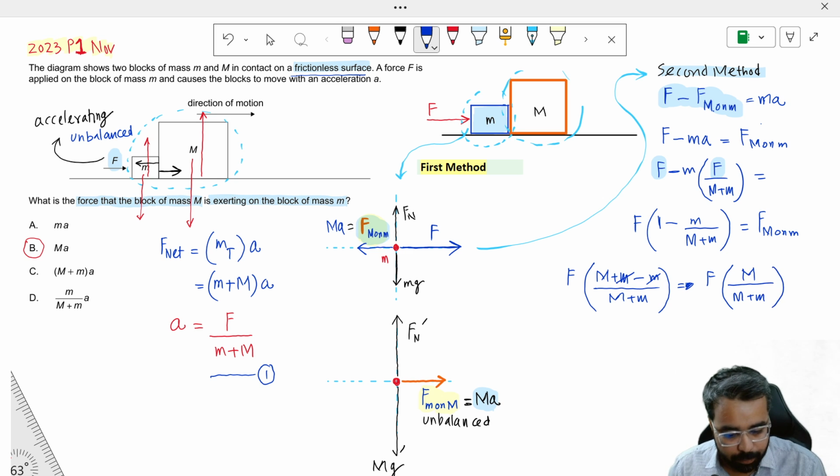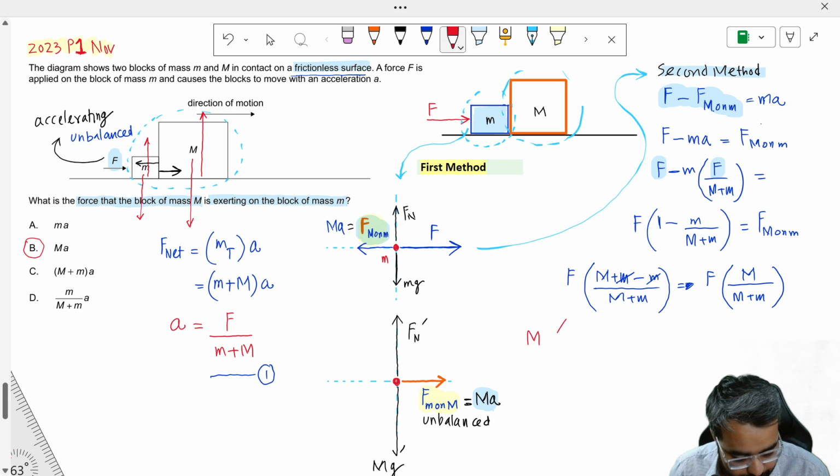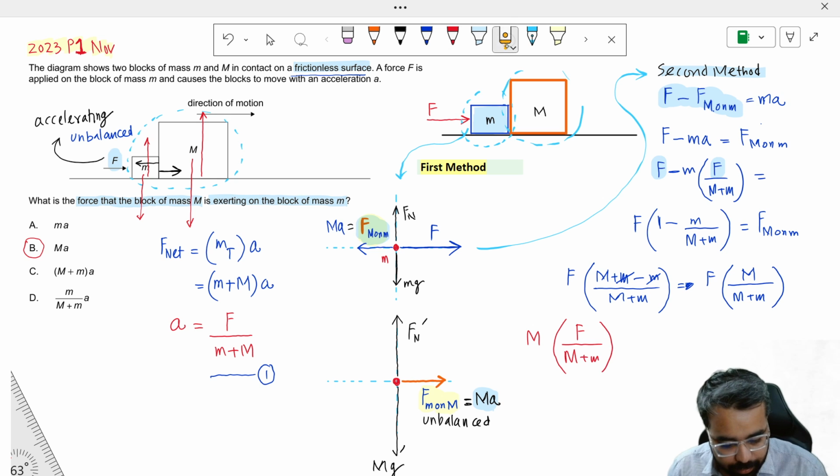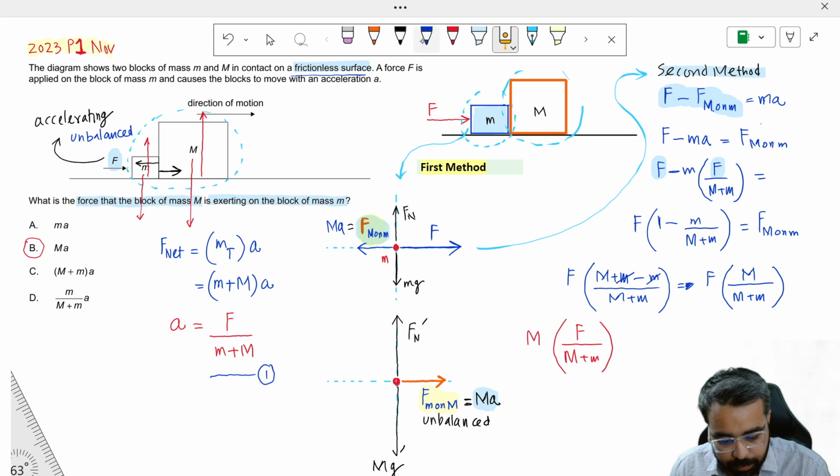All right, now I'm going to rearrange it. I'm going to take this capital M outside, and inside what we have is F over (M + m). Do you recognize that this is specifically equal to the acceleration for which we had already made the equation? Okay, so can I say that this is equal to capital M times a? Hence this is our answer, which is the same as what we had already found. So option B is the right answer.